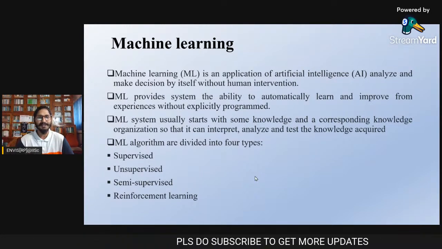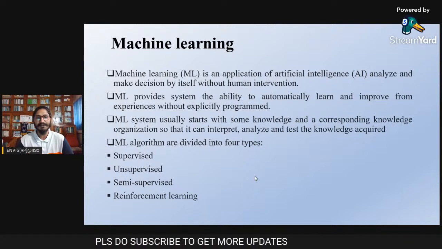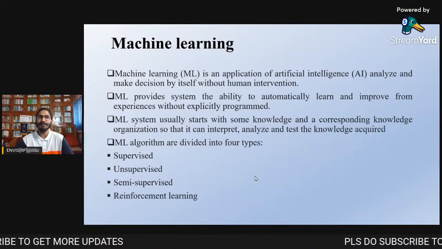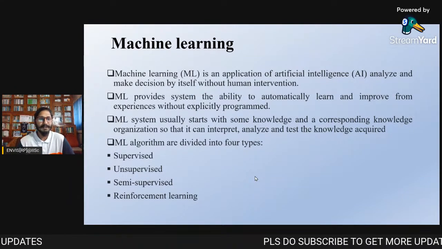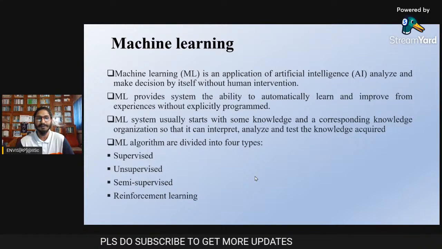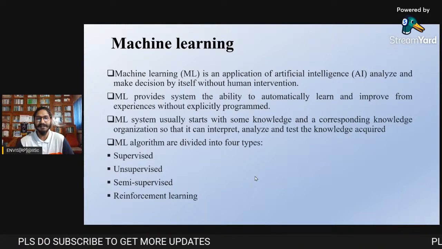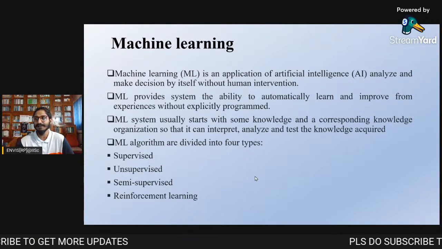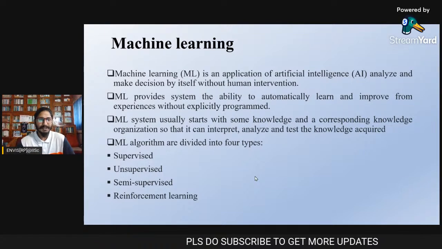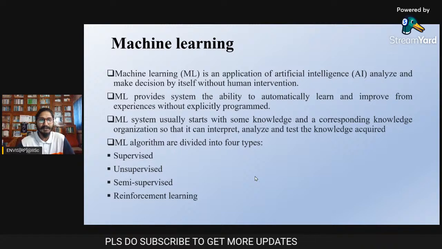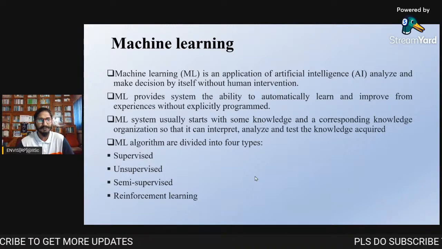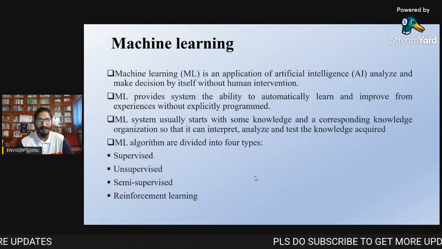And machine learning provides systems the ability to automatically learn and improve from experience without explicitly coding. Machine learning usually starts with some knowledge and corresponding knowledge organization so that it can interpret, analyze, and test the knowledge acquired. And as we know, machine learning algorithms are divided mainly into four types based on their training type.